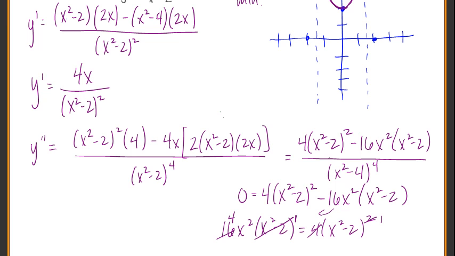So what's left? I'm running out of room here, but we have 4x squared is equal to x squared minus 2. So 3x squared is equal to 2. x squared is equal to 2/3. So x is equal to plus or minus the square root of 2/3.